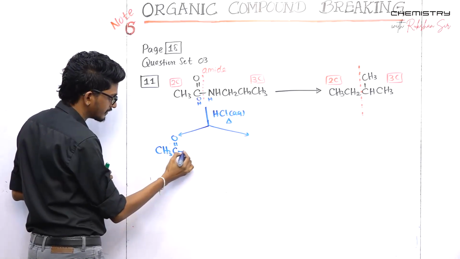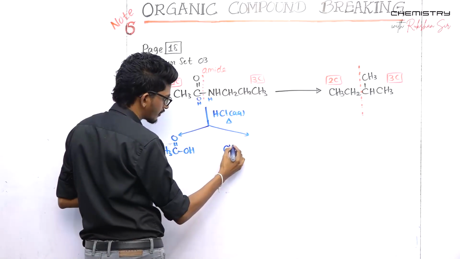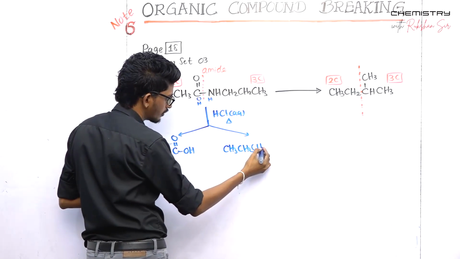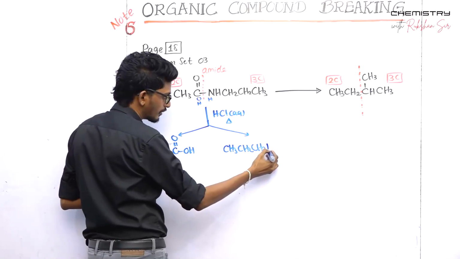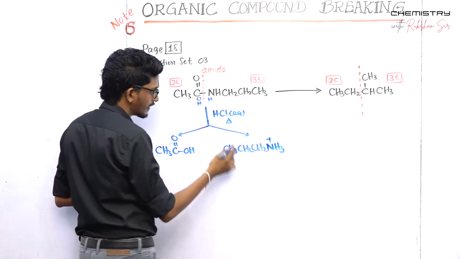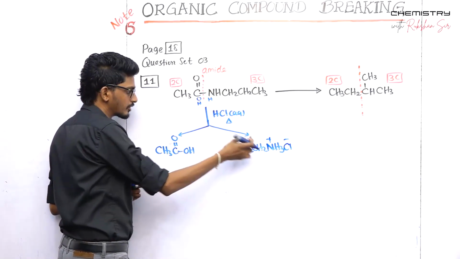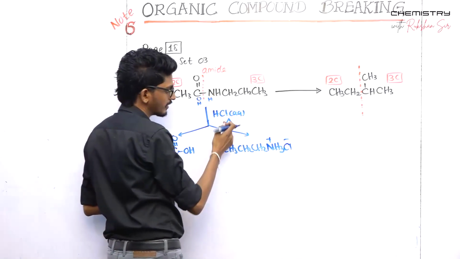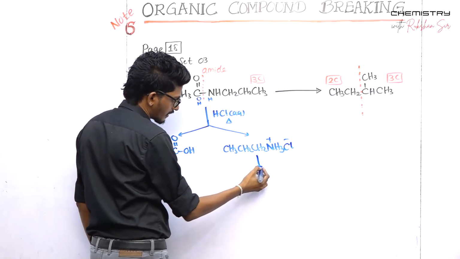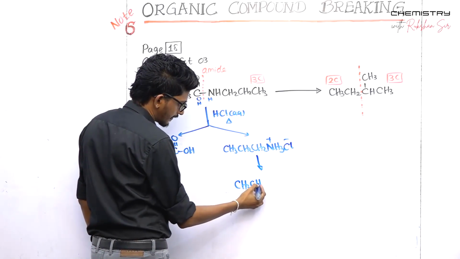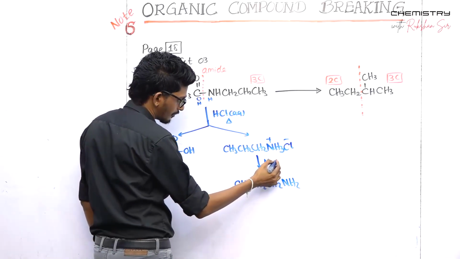First the carboxylic acid, then this one as a salt, CH3CH2CH2NH3+ Cl-. You have NH2 here and this H+ makes it NH3+, with the Cl- from here. That is a salt. You can convert the salt into the amine by just adding some base. It's copied in your notes.